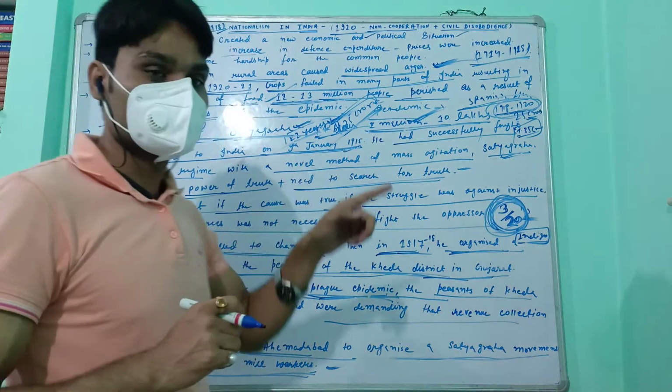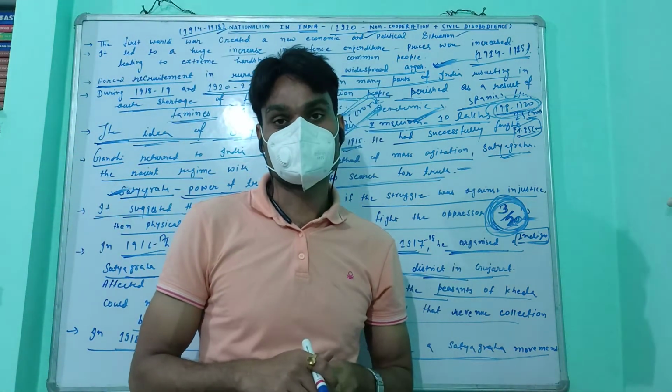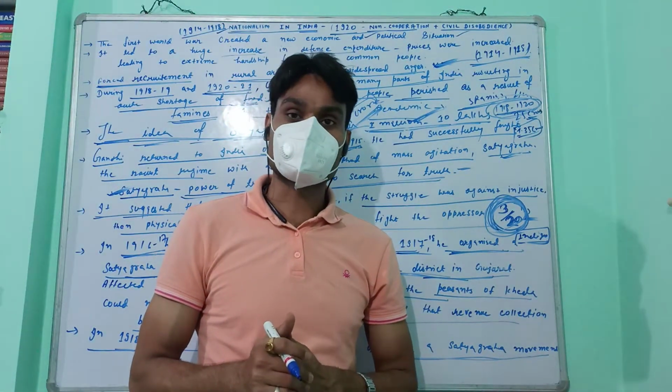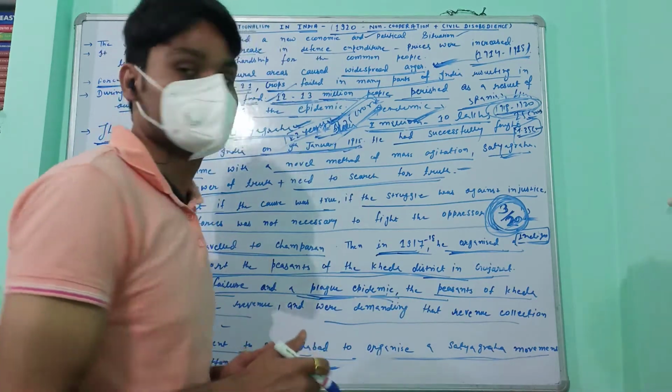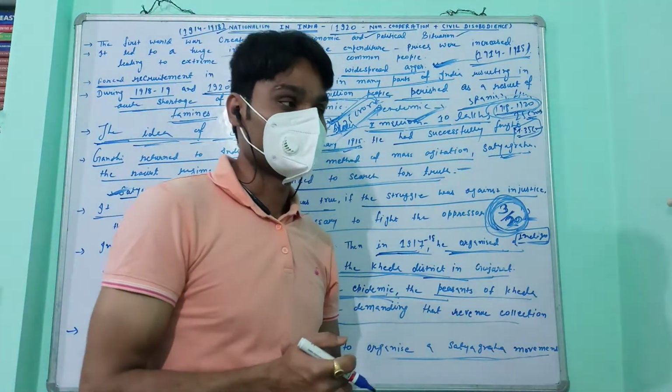After coming to India, first of all, Mahatma Gandhi went to Gopal Krishna Gokhale. Gopal Krishna Gokhale was the political guru of Mahatma Gandhi, and he was the founder of the Servants of India Society.